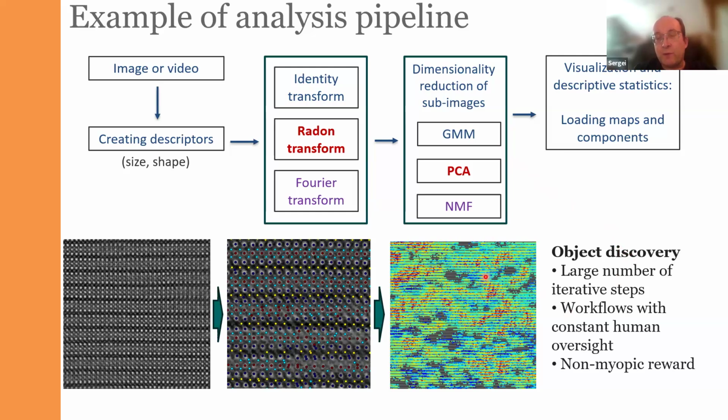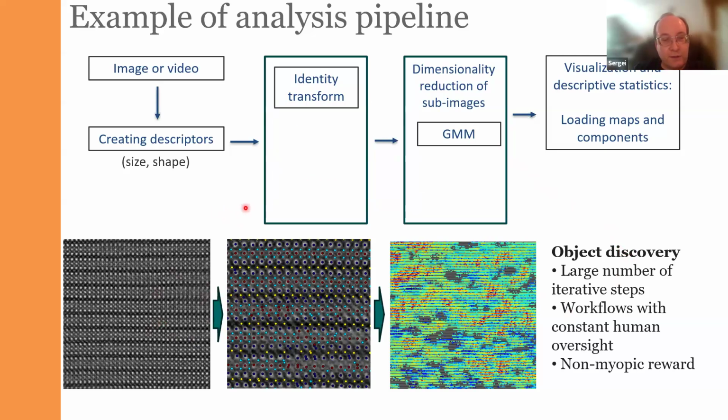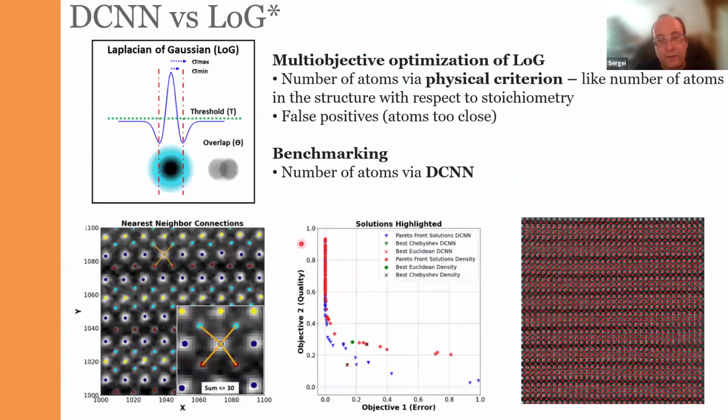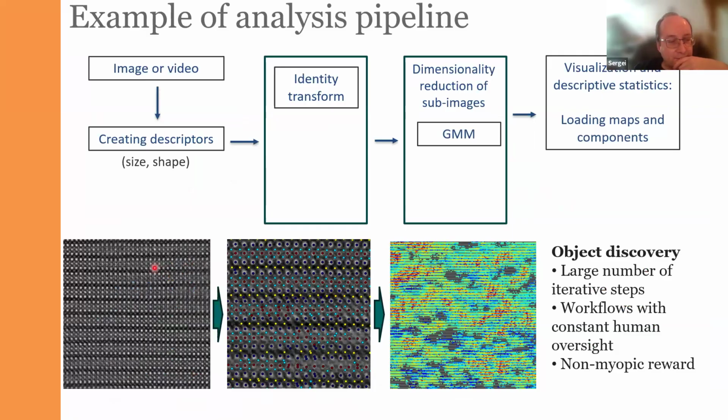For example, if I want to find the amorphous regions, I can come up with an algorithm based on something like PCA plus a variational autoencoder that will take the original image here and represent it as something like this.